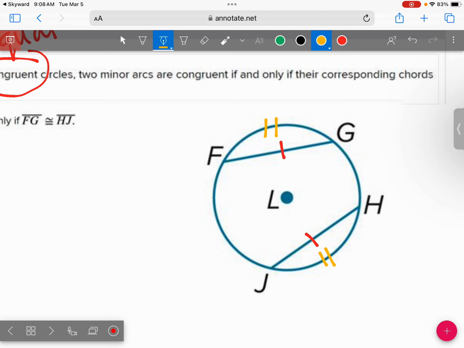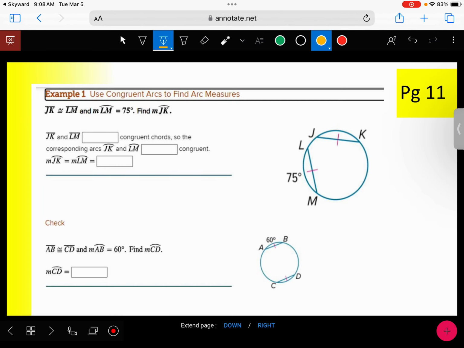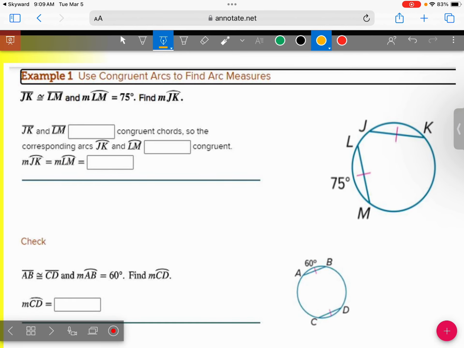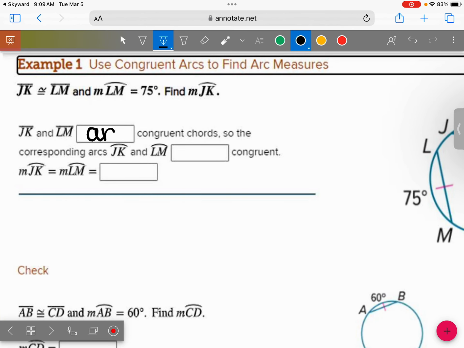All right, so we got a couple questions we're going to solve with this new theorem. So again, we have JK and LM are the same. So because JK and LM are equal, or they are congruent, the corresponding arcs, arc JK and arc LM, are congruent.